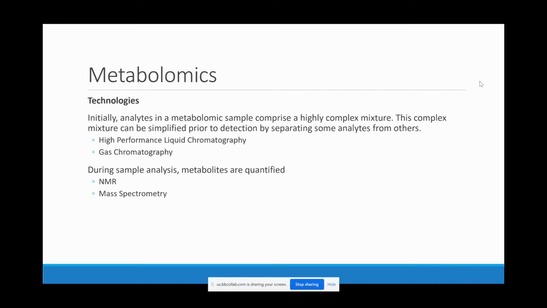We'll do some type of chromatography, usually high performance liquid chromatography or HPLC or gas chromatography. Remember, chromatography are just separation techniques. So we'll separate everything out, and as it's being separated, it will then go into the analysis instrument, which is going to be either an NMR or a mass spec.